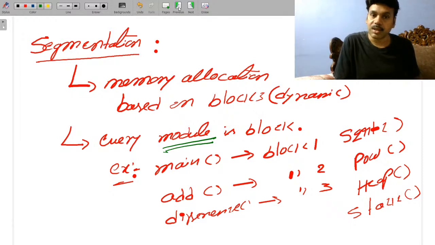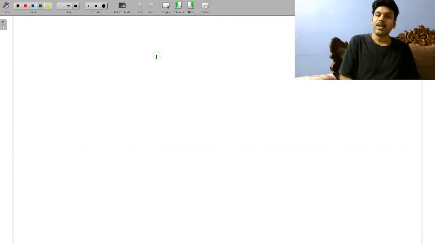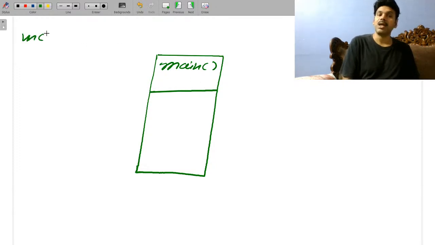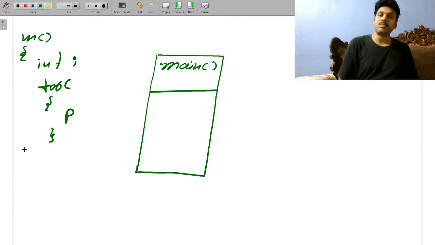Now there are a few important things we are going to see here. When I am talking about segmentation, how is your memory going to be represented? Now say your main is executed completely in one block. As I said, the main program consists of, as far as the previous program is concerned, int i, and there is a for loop, and there are inner braces, and there is a print, and there is a closing delimiter.